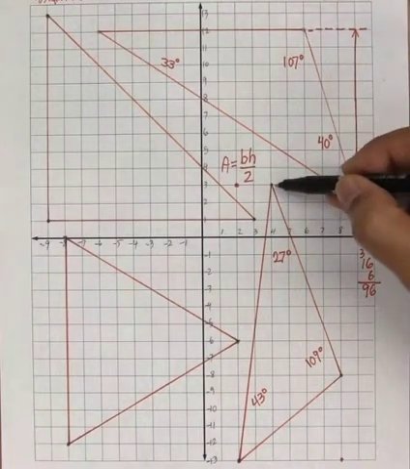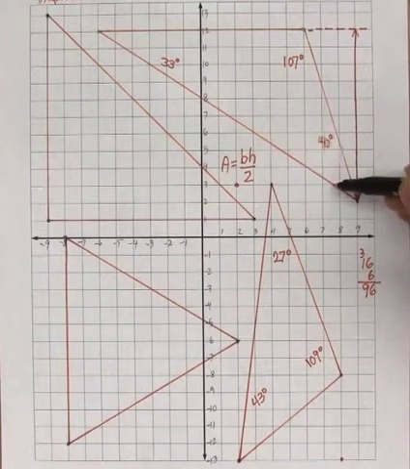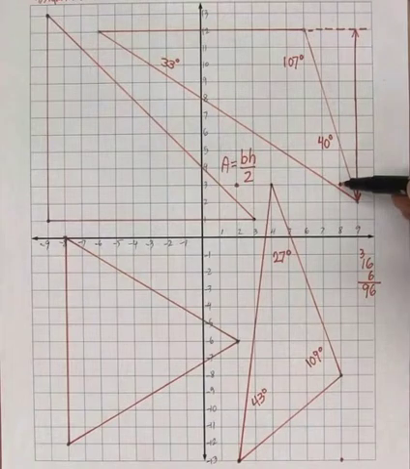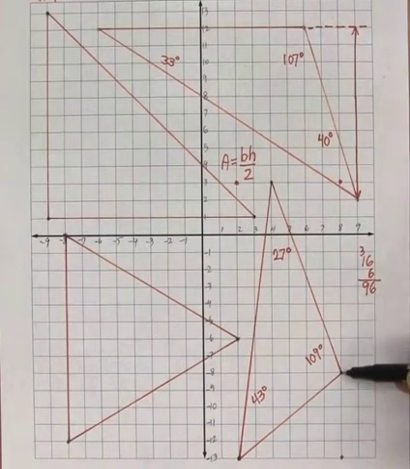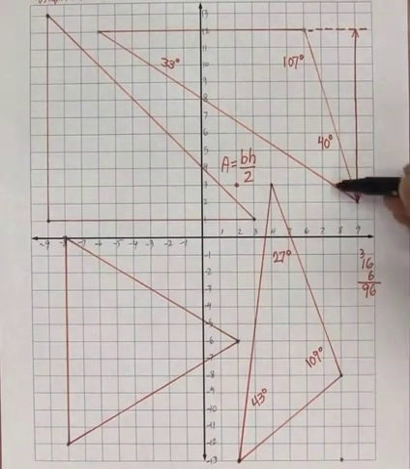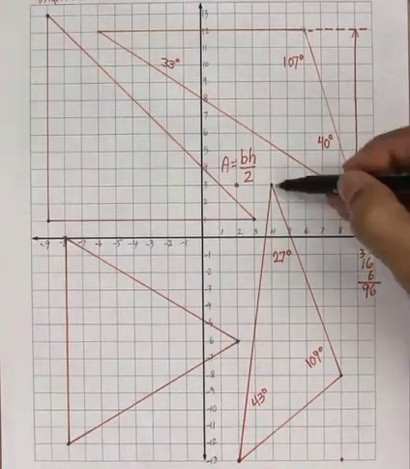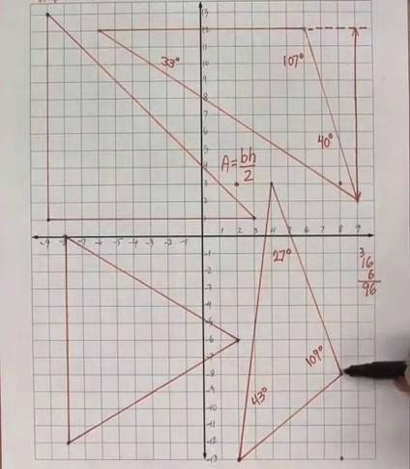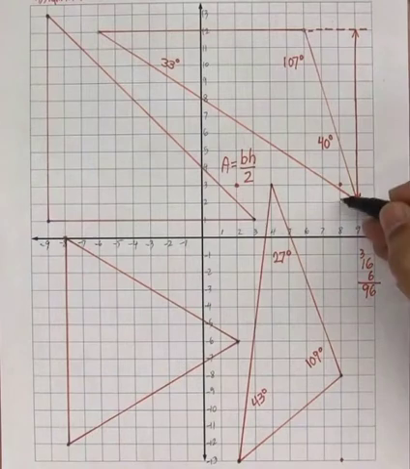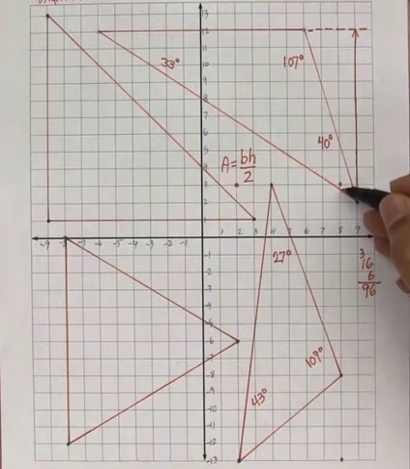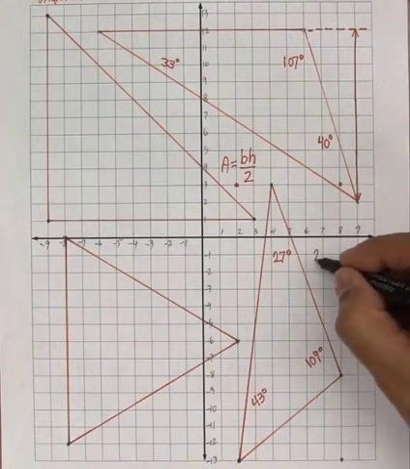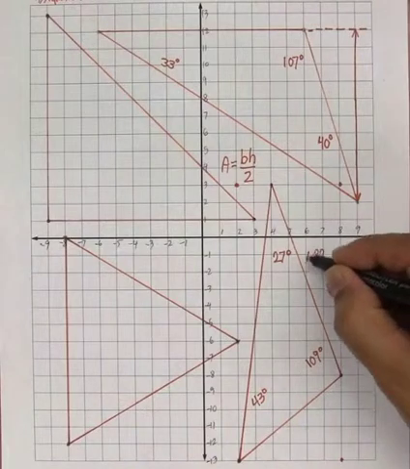Now I'm going to take away the area of this triangle, and this triangle. The area of this triangle is 4 times 11 divided by 2. 44 divided by 2 is 22. This area is 22.